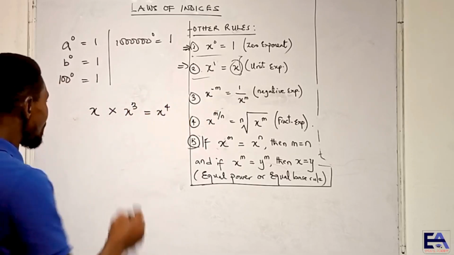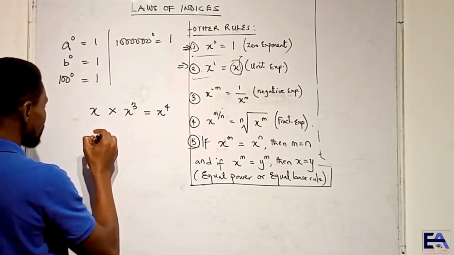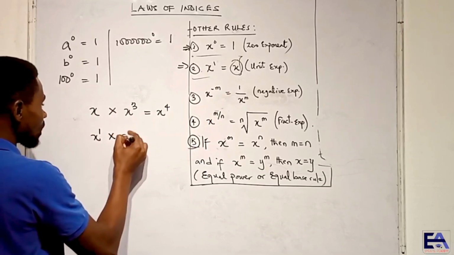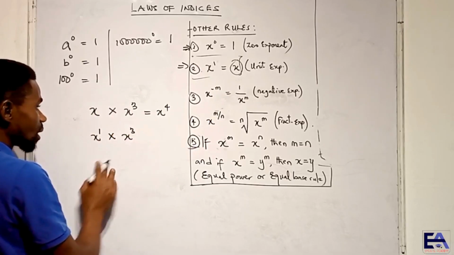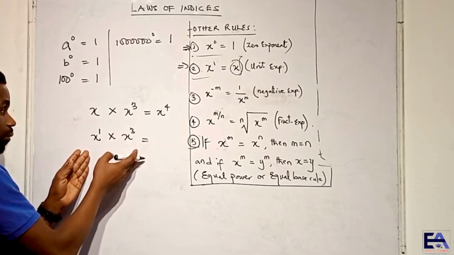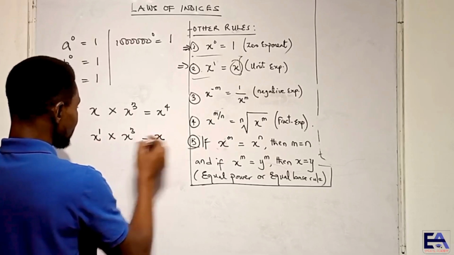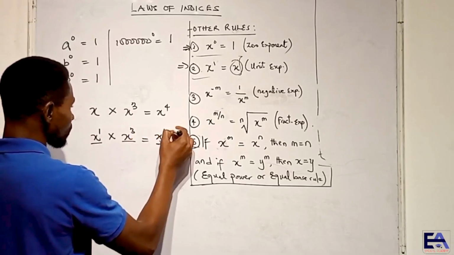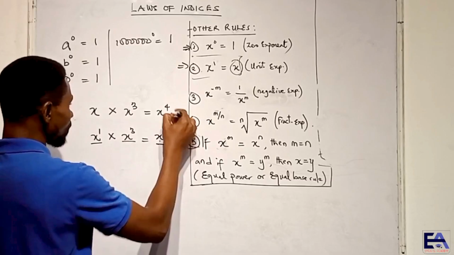You know why? Because x can still be assumed to be x raised to power 1, then multiplied by x raised to power 3. So at the end of the day, we apply the product rule by having a common base, a single x raised to power 1 plus 3, which gives us x raised to power 4.